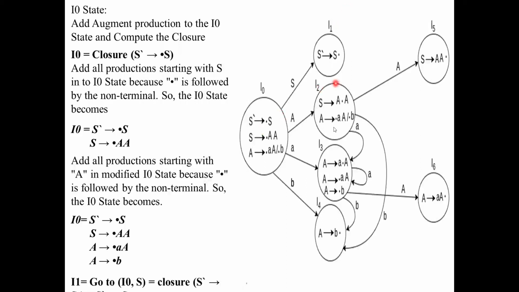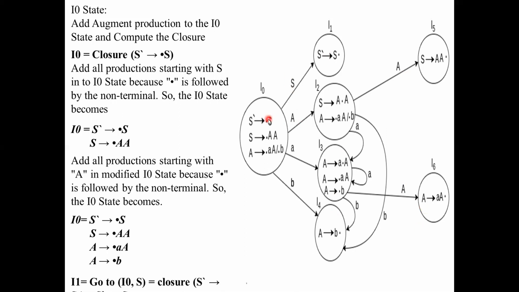And in I2, if we put A, we achieve the state I5. And in I3, if we put non-terminal symbol A, then we achieve I6. There is no other non-terminal symbol, only S and A, so we have 4 entries.